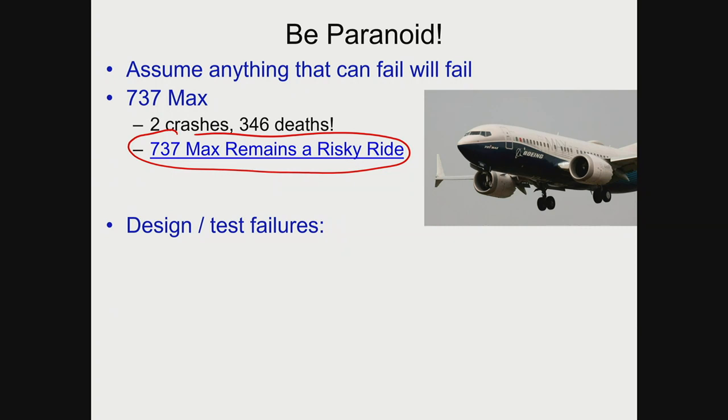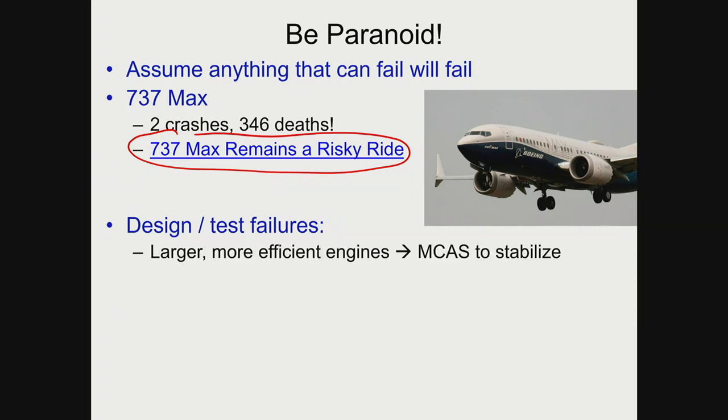They had multiple design and test failures. The first failure was the 737 MAX. It's very expensive to design a new airliner. Instead of designing a completely new airliner, to take advantage of the new, larger, more efficient engines that can be built. There are jet engines that are much more efficient now than they used to be, about 20% more efficient, but they're larger.